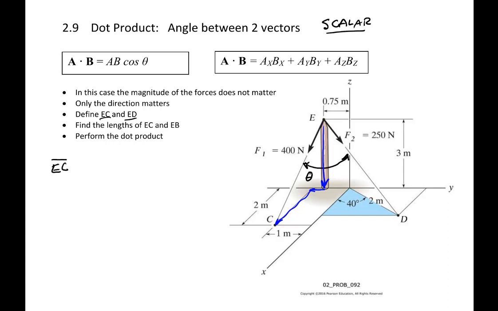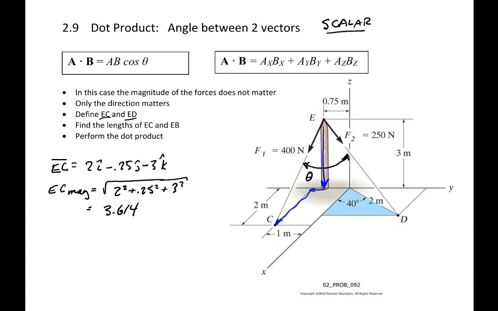EC, in the i direction, it is 2i minus 0.25j minus 3k. Okay, then let's also find the magnitude. EC magnitude is going to be equal to the square root of 2 squared plus 0.25 squared plus 3 squared, and that's going to be equal to 3.614.